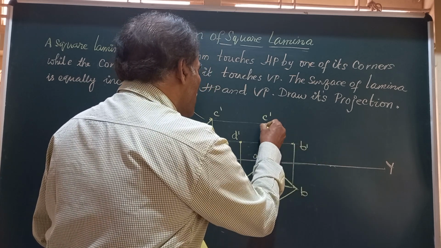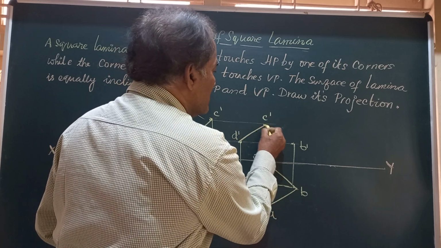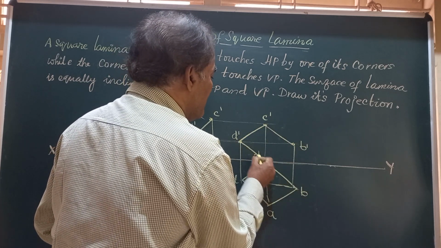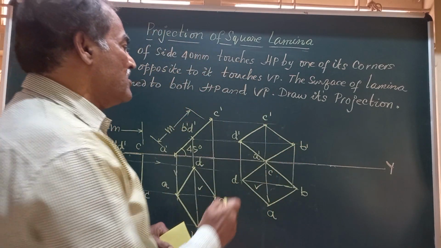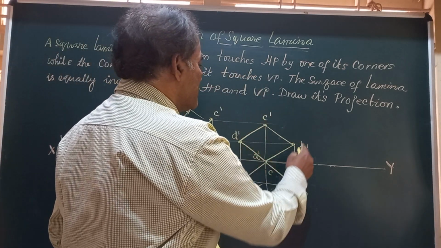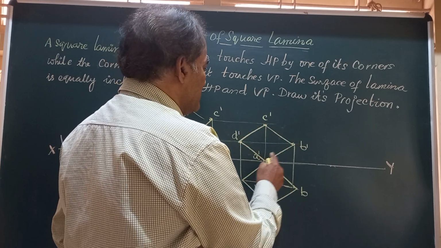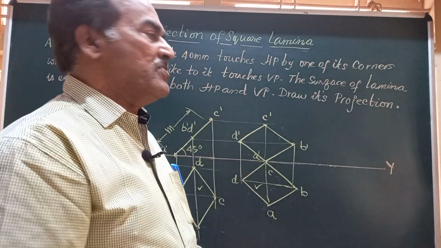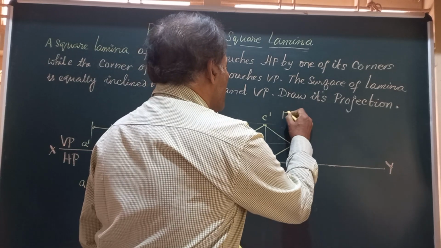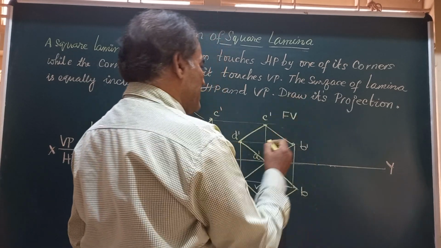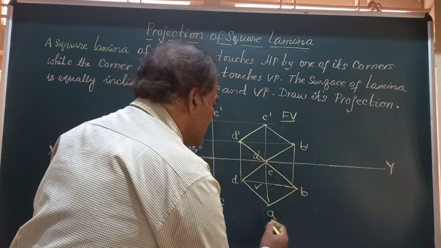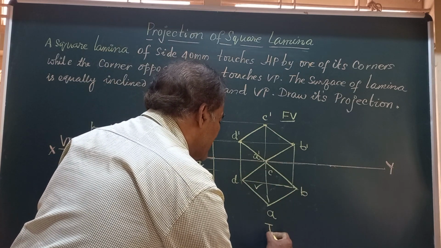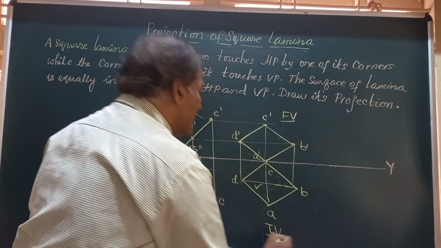Friends, we have got all the four corners of the figure in the front view, join them by straight lines. Here this rhombus we have got, A dash, B dash, C dash, D dash, will represent the final front view of the lamina, and this rhombus ABCD will give you the final top view of the lamina.